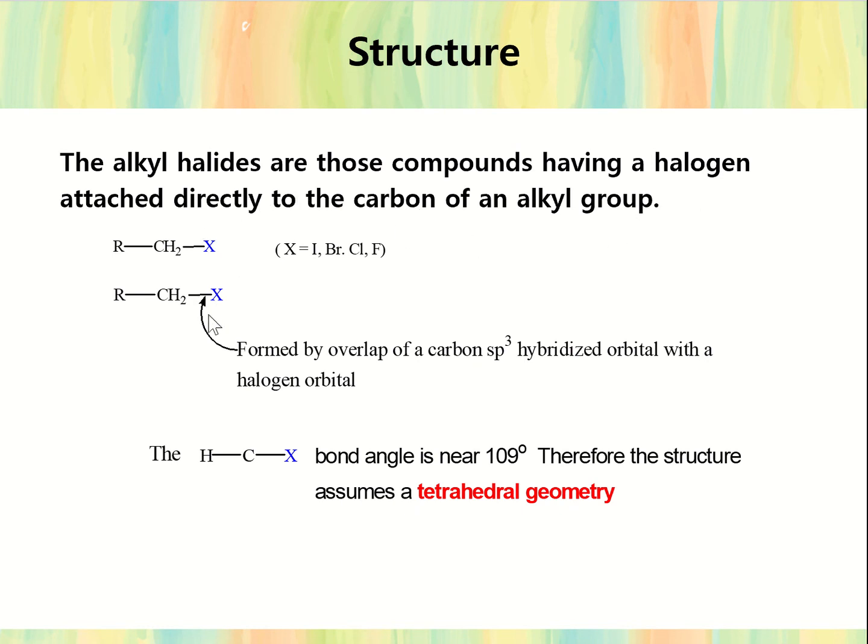As we said before, the X, when we see it in organic chemistry, usually refers to some halogen, and it's formed by the overlap of our sp3 hybridized carbon orbital with our halogen orbital. The bond angle here is near 109 degrees, and therefore the structure assumes a tetrahedral geometry.